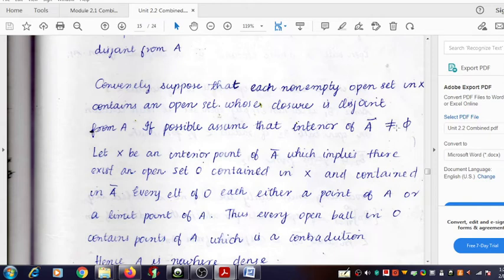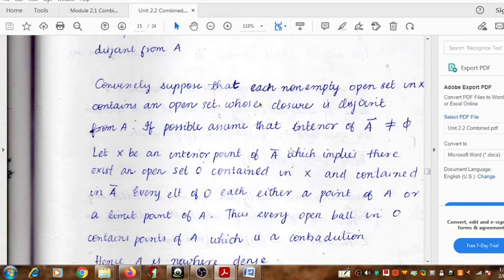Of course, you can pick an element, because it is not empty. So let x be an interior point of the closure of A, which we can choose because it is not equal to phi.